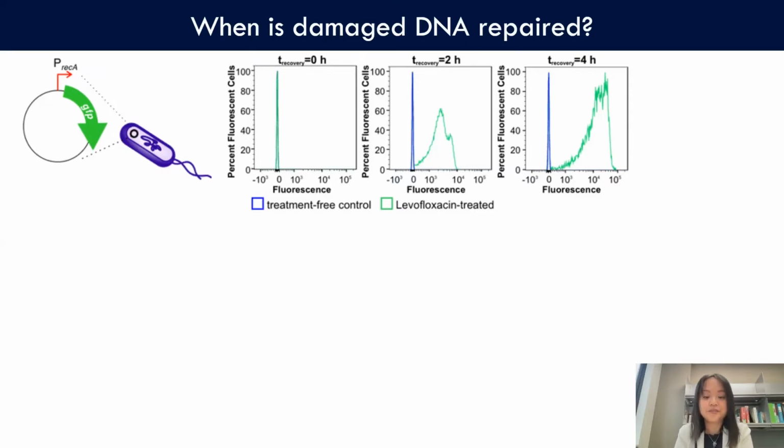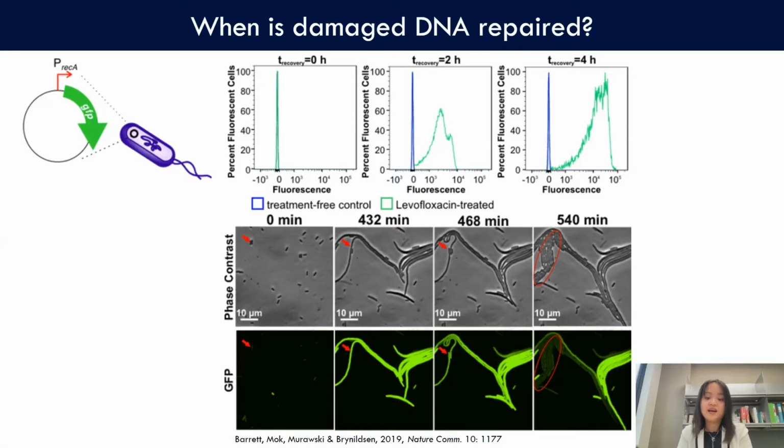So to look at this further, we inoculated these cells on agarose pads containing nutrients as they recovered from antibiotic treatment. This way we can monitor these cells by time-lapse fluorescence microscopy. And consistent with our flow cytometry histograms, we see in these images that most of these cells remain dim when they were first inoculated onto these agarose pads.